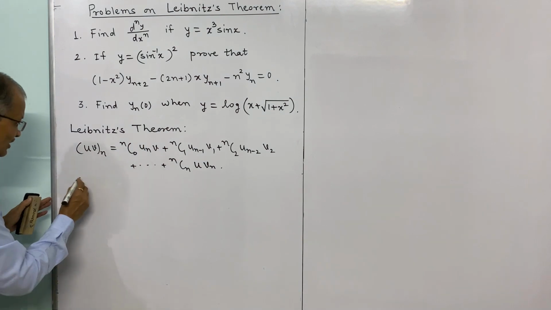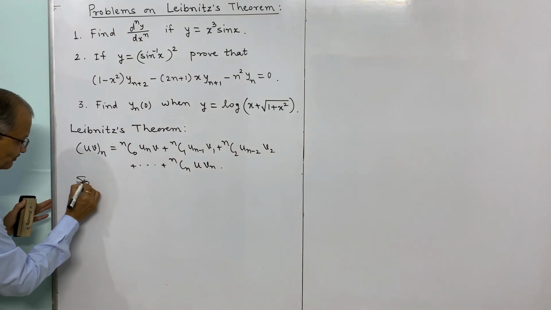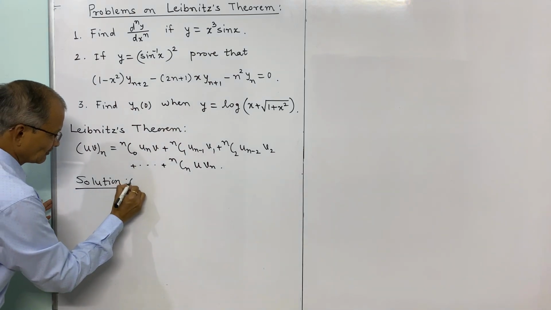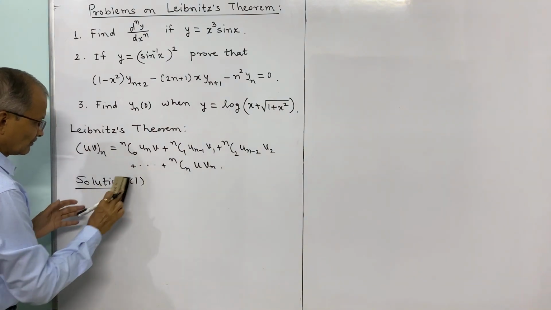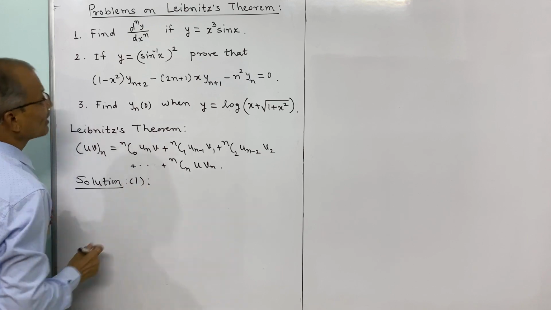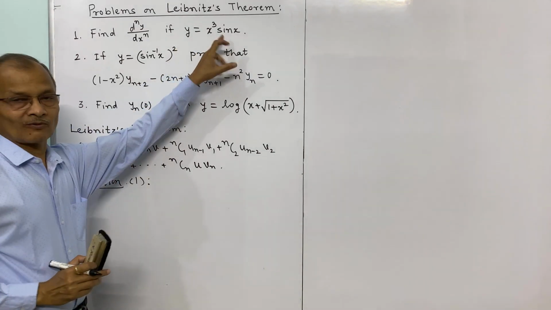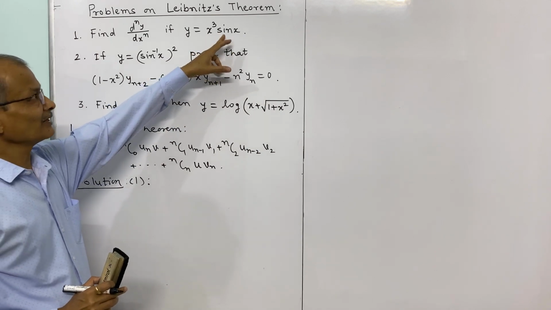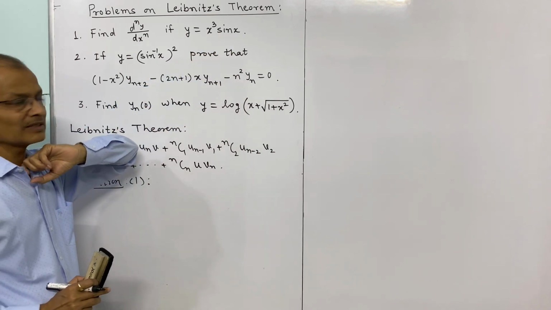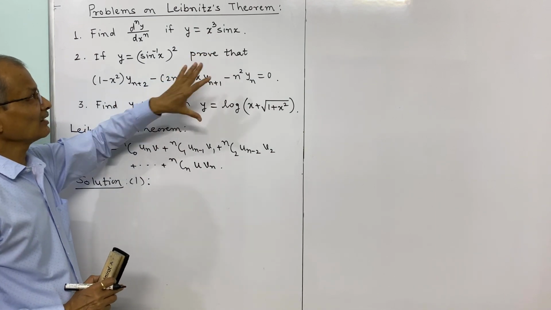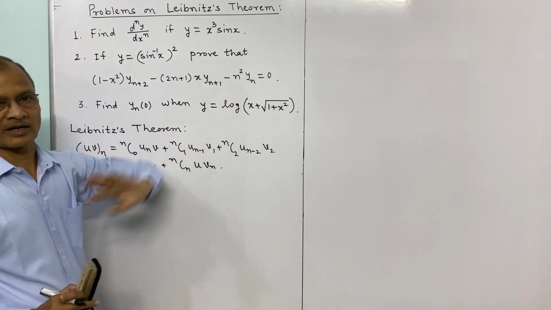And we now consider the solution for the first problem. See, y is given as x cube into sin x. Whenever there is an algebraic power function and a trigonometric function, conventionally the power function should be the second function.